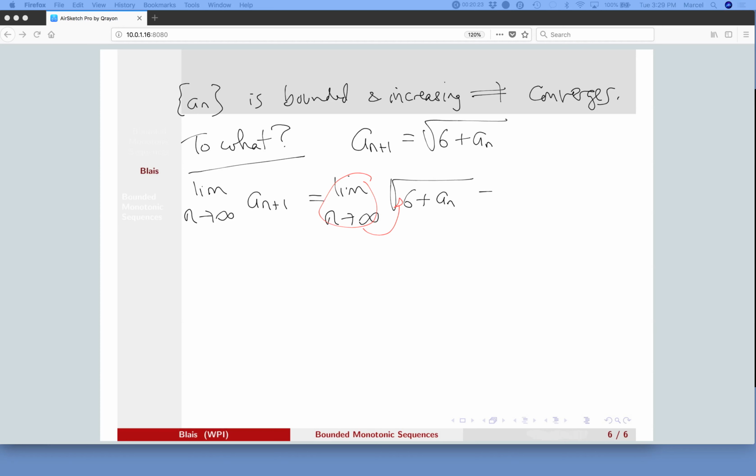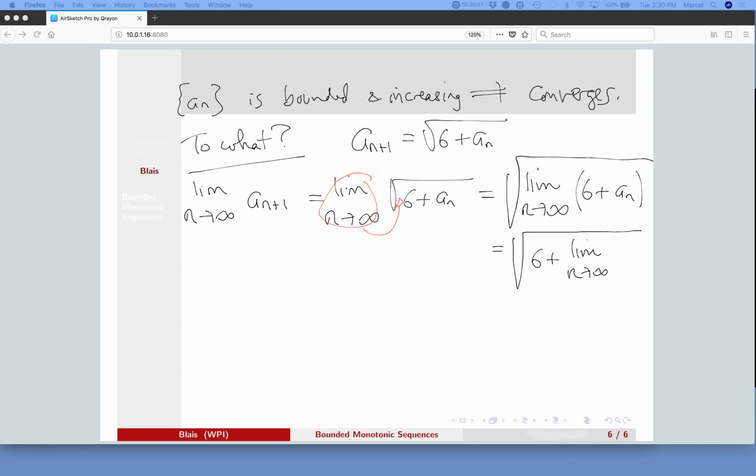So this becomes the square root of the limit as n goes to infinity of 6 plus a sub n. And then the limit of the sum is the sum of the limits in this case, because both of the limits actually do exist. So this is the square root of 6 plus the limit as n goes to infinity of a sub n.